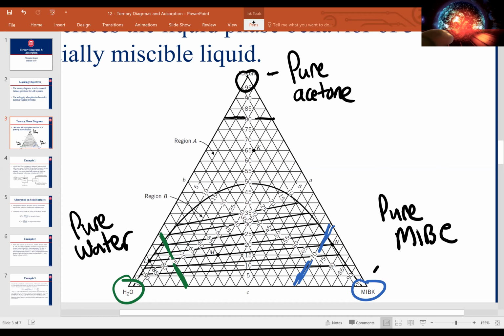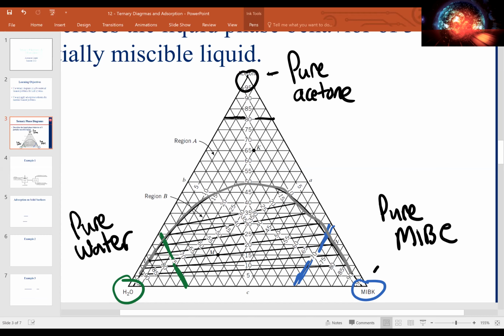And then you'll notice this kind of umbrella here, this envelope. So this envelope denotes the area where we have the presence of two liquid phases.